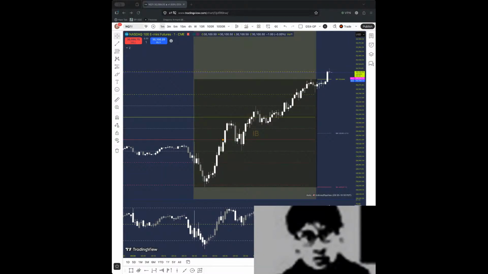QQQ, SPY, everything's just headed north. 752 on SPY, 731 QQQ. Break evens at 30,076 NQ, MNQ.